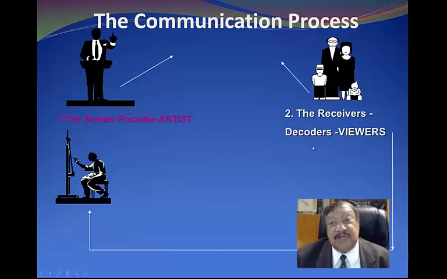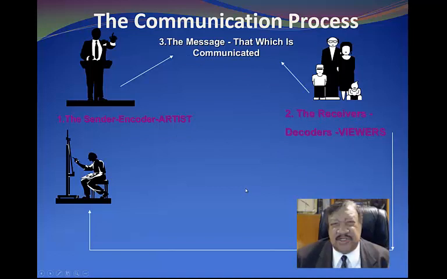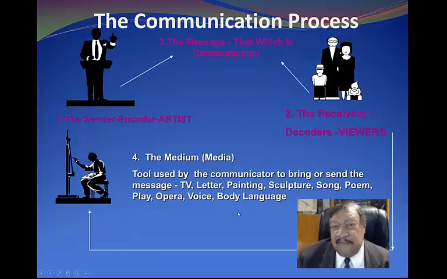And sometimes the receivers, or the viewers, don't get the message from the artist. Then we have the message, that which is communicated. And I'm going to give you a copy of this diagram. And then we have the medium, the tool used by the communicator to send the message. That could be television, a letter, a song, a poem, but that's the tool used.